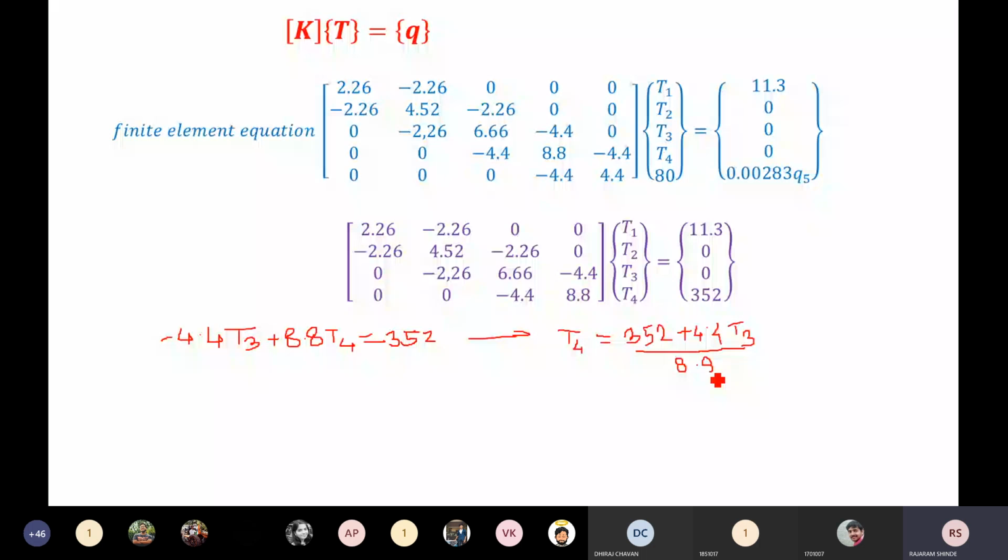Have you got it? Now I will go back to this equation. Now this equation is what?